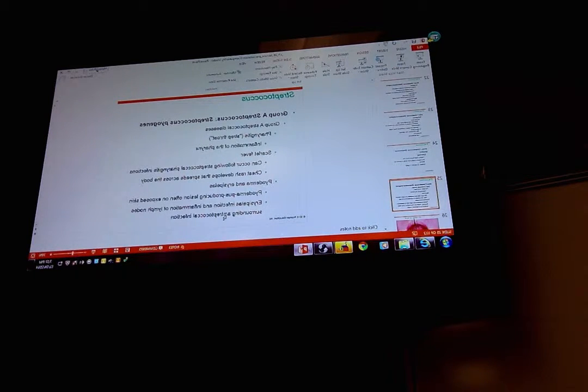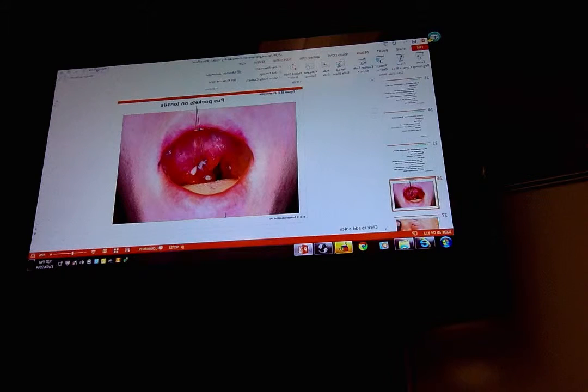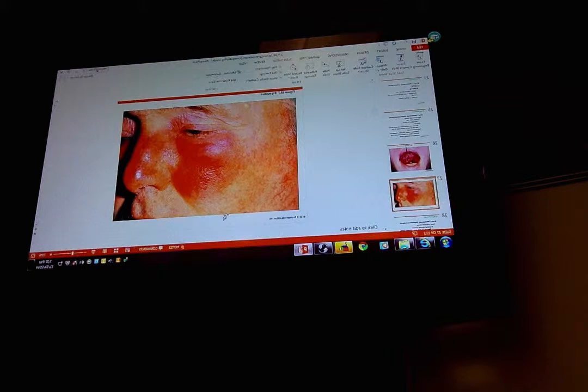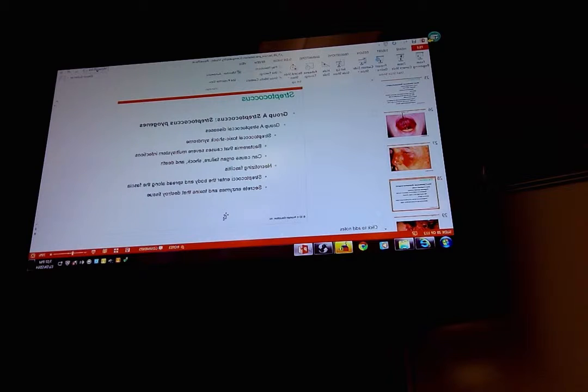I would like for you to know what pharyngitis is, what scarlet fever is, what pyoderma is. I'm not stuck on erysipelas. I don't know why, but it doesn't seem to be on my top 10 here.